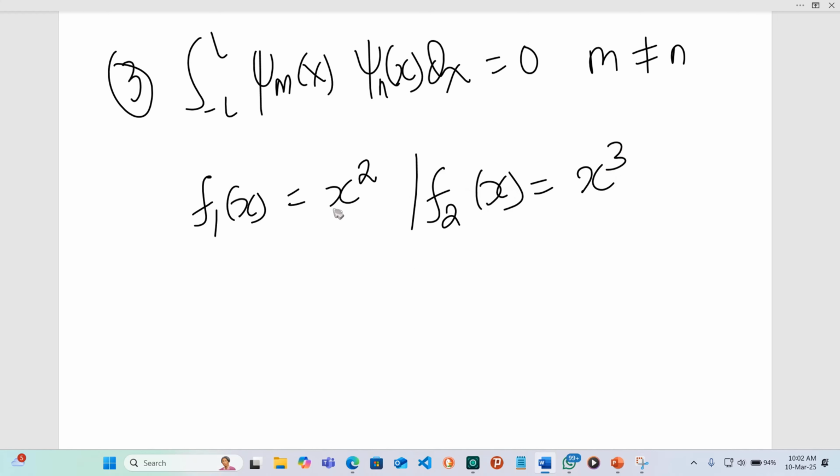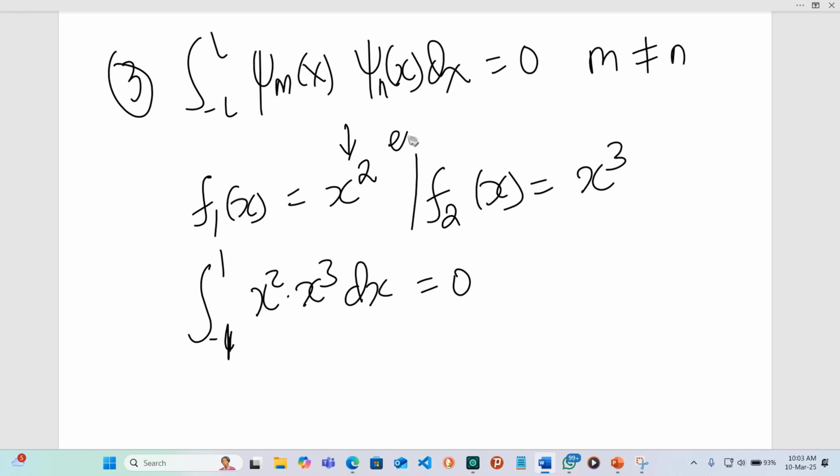These two functions are orthogonal with each other, because if I integrate over a symmetrical interval, negative 1 to 1, of x squared times x cubed dx, I cannot struggle to integrate this because I already know that this is equal to 0. So we are talking about integrating an even function and an odd function.